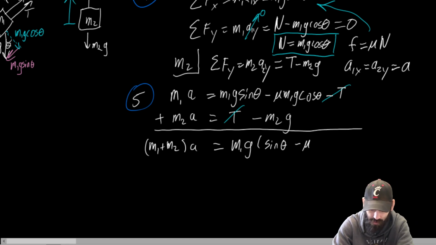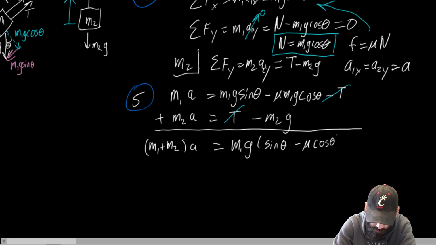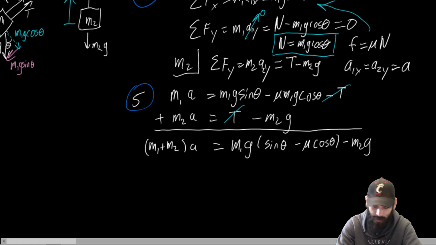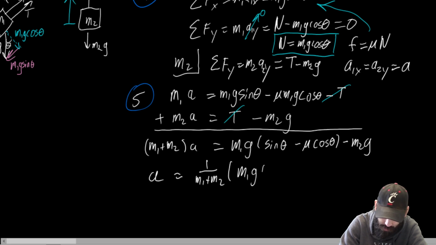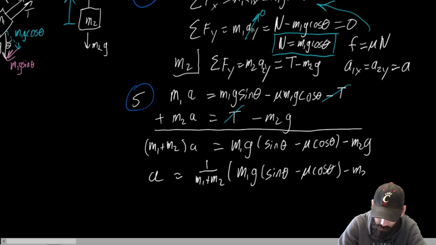So this is minus mu times cosine of theta, minus m2g. And then what we see in the end is that our acceleration a is going to be equal to 1 over m1 plus m2 times m1g times sine of theta minus mu times cosine of theta minus m2g.